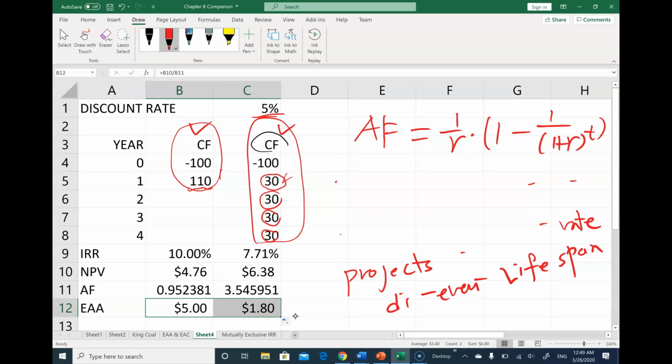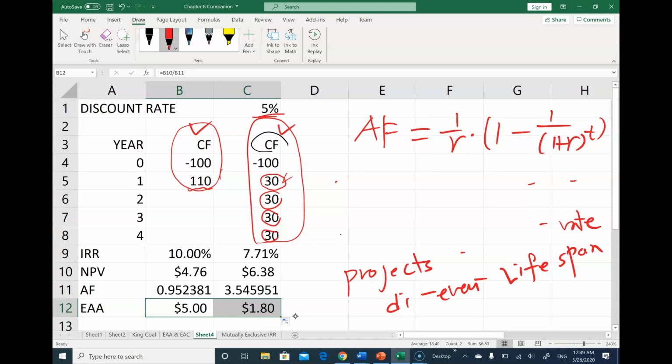Okay. In case of the EAA, we are allowing projects to be repeated. So if you choose a short-term project, then when the short-term project is over, that project can be repeated, right? In the case of long-term project, again, when the project is over, that project can be repeated.